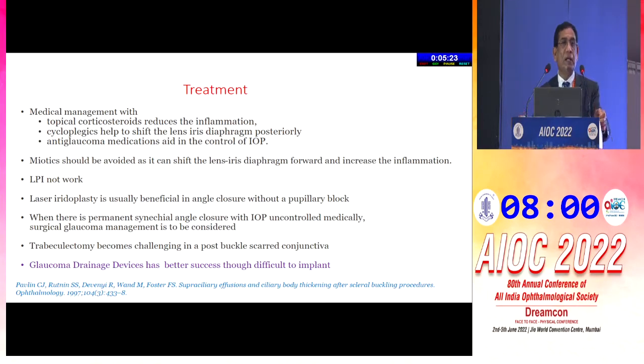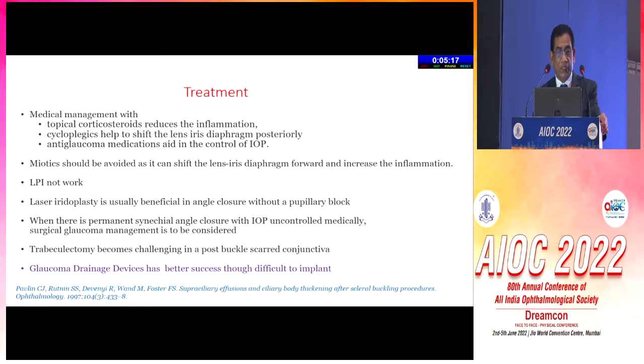Rather, we can do laser iridoplasty, along with medical management and topical corticosteroids, cycloplegics. But ultimately, the majority of our patients do not get relief of the intraocular pressure, so we have to go for surgical treatment. Many patients need trabeculectomy, but trabeculectomy has poor success, up to 53% at 5 years survival. So a glaucoma drainage device is the answer, having a better success rate of up to 80%.